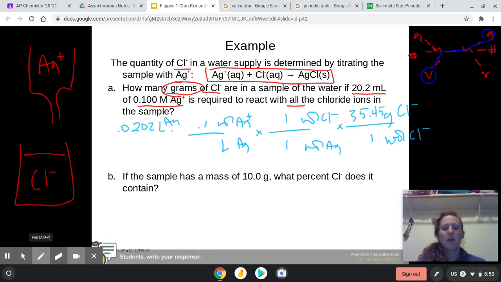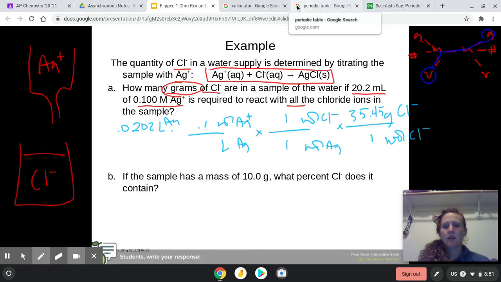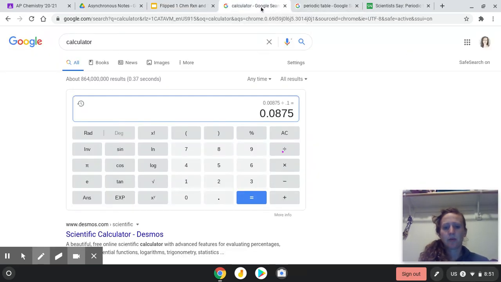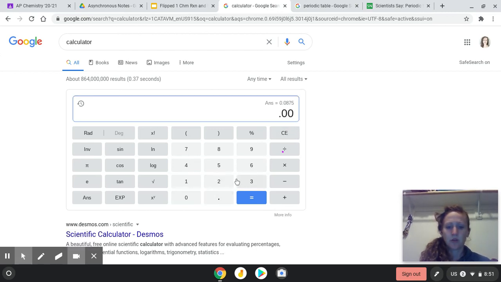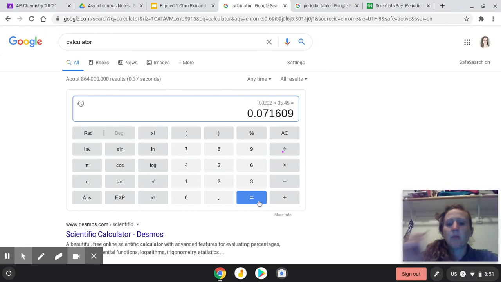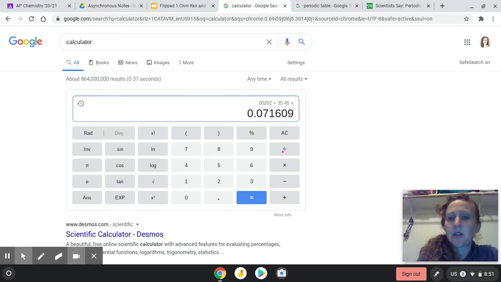Okay, so I have 0.0202 times 0.1 times 35.45. 0.0202 times 0.1 would give us 0.00202 times 35.45 equals 0.071609.